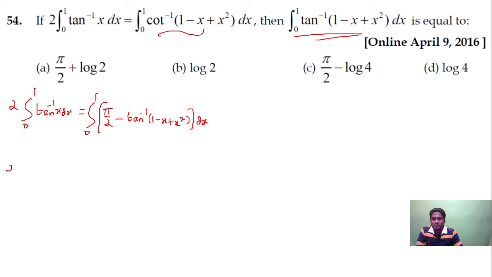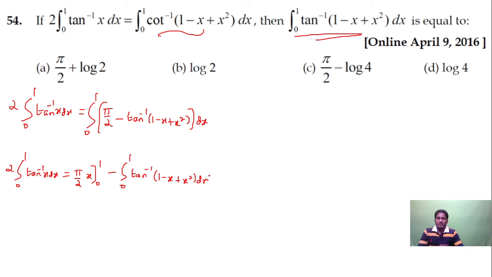So this is 2 times integral 0 to 1 tan inverse of x dx, pi by 2 is a constant, integration of dx is x, 0 to 1, minus integral 0 to 1 tan inverse of 1 minus x plus x square, and then dx.